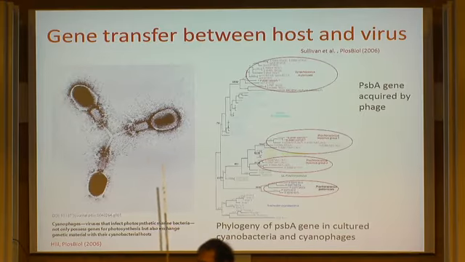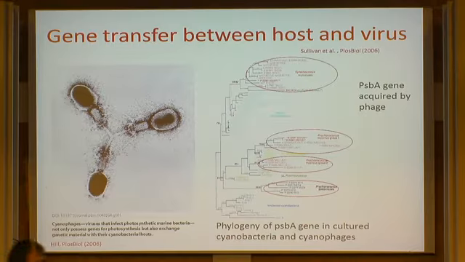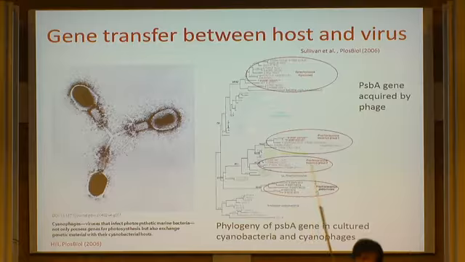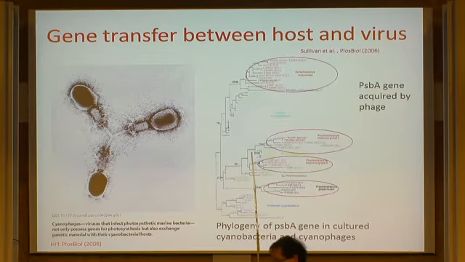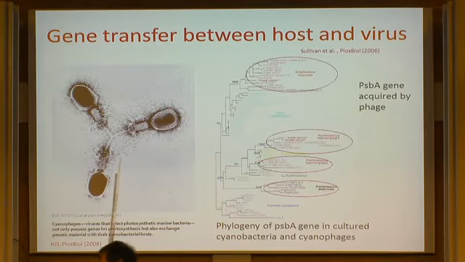Then the cell will produce more viruses. So what it does is it essentially carries along with it its own life support system for the cells. It carries the photosynthesis genes, so it can sort of set up a second version of photosynthesis inside the cell as it is producing viral copies, and so it makes more baby viruses. So that clearly benefits the virus.